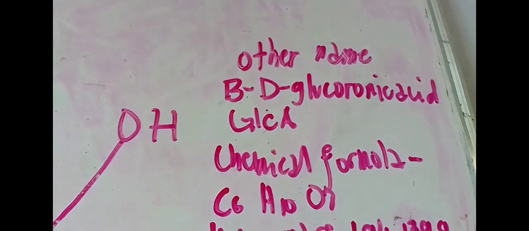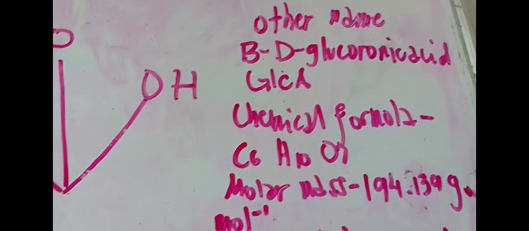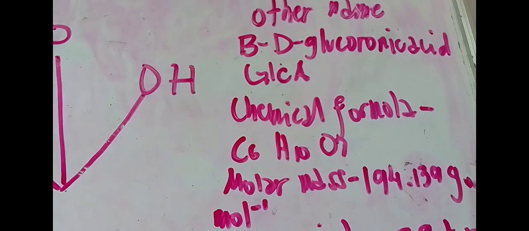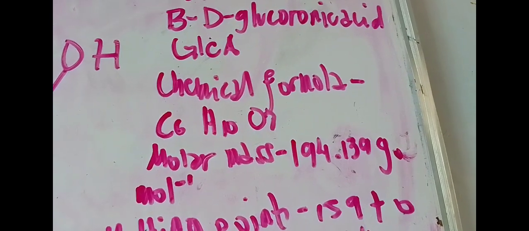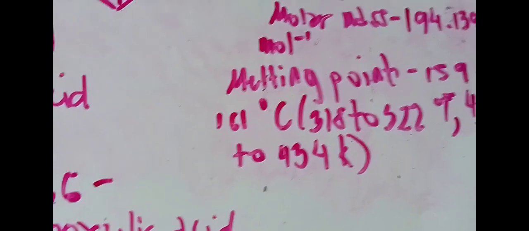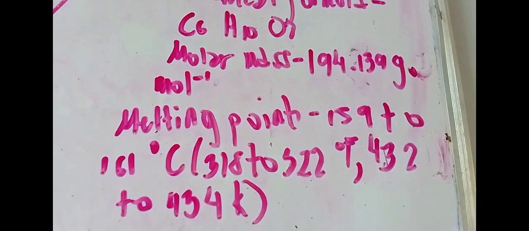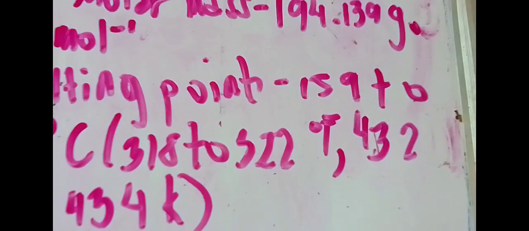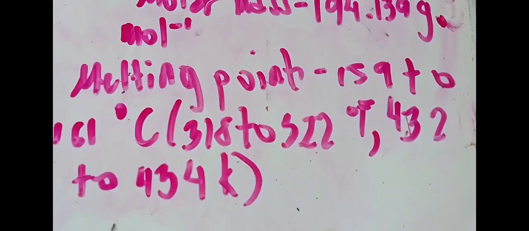Other name β-D-glucuronic acid, GlcA. Chemical formula C6H10O7. Molar mass 194.139 g/mol. Melting point 159 to 161 Celsius, 318 to 322 to 432 to 434 K.